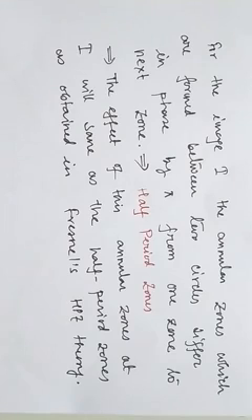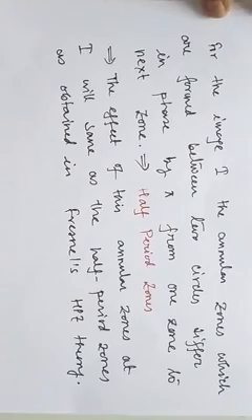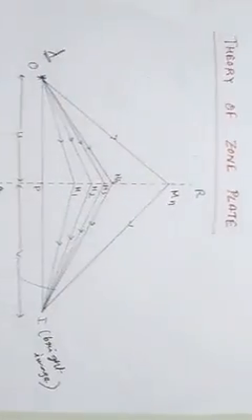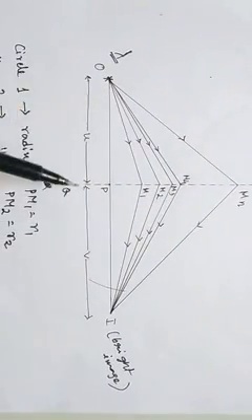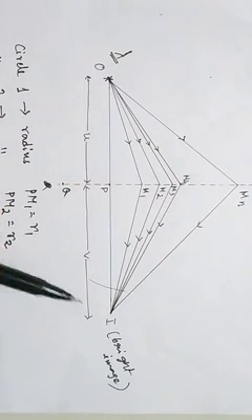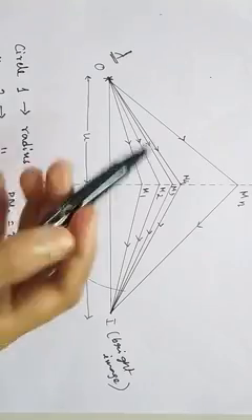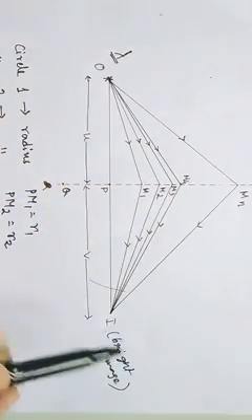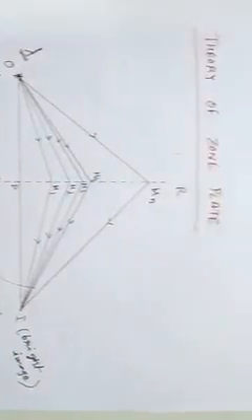Now if we look at the diagram again, you see OP is equal to U and PI is equal to V. Now we will find the value of OMN and IMN.